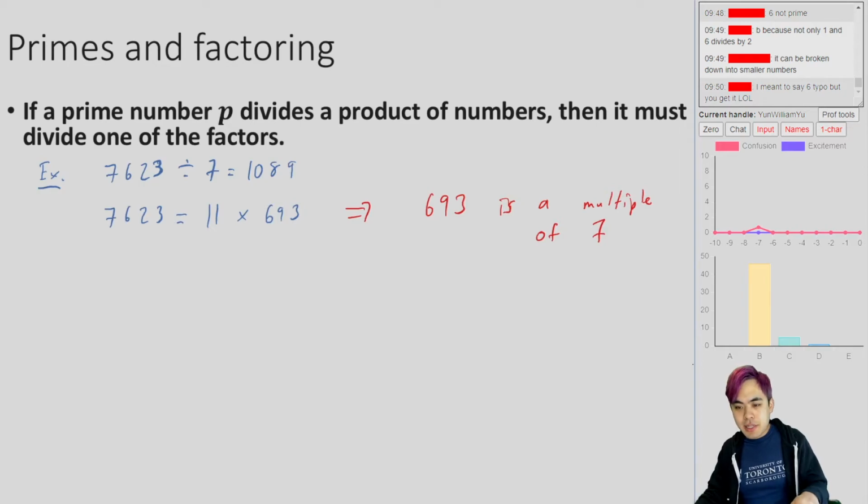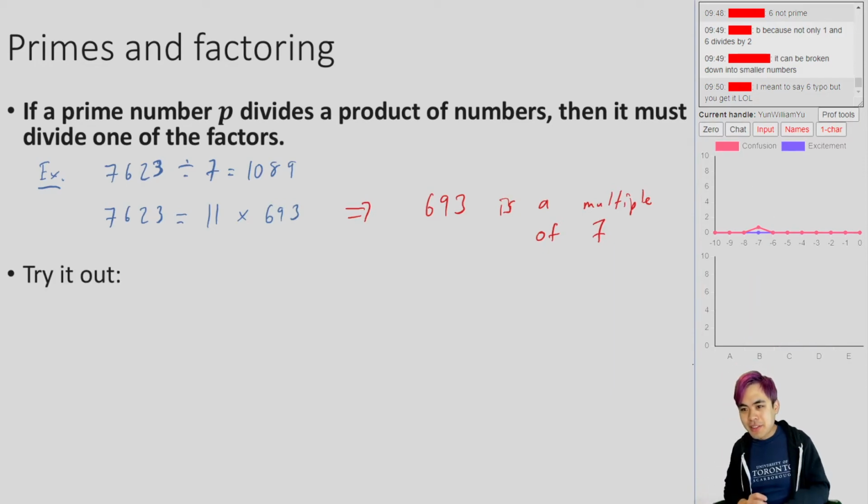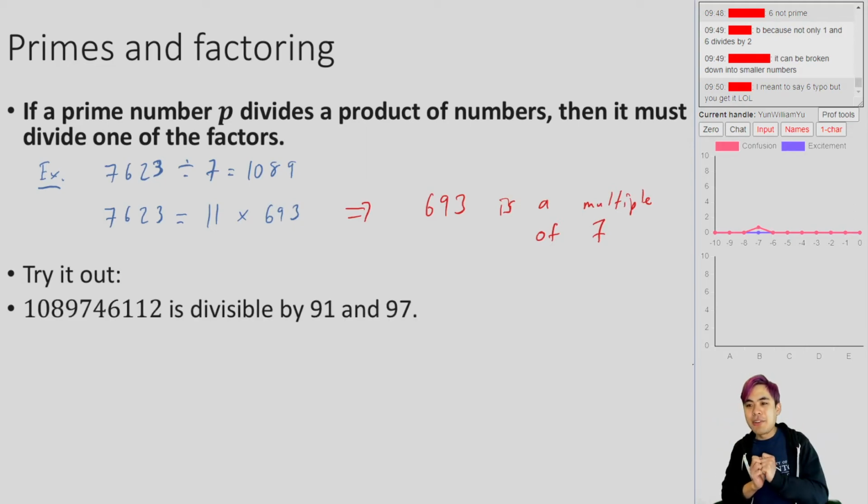Okay, so let's have you all try it out for a really complicated one. Let me reset the poll. Let me go ahead and tell you that this big ugly number, 1,089,746,112, is divisible by both 91 and 97.